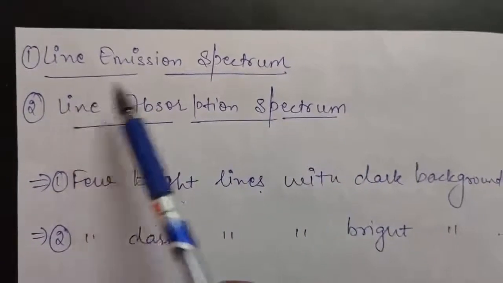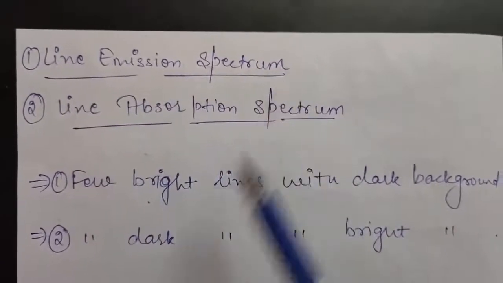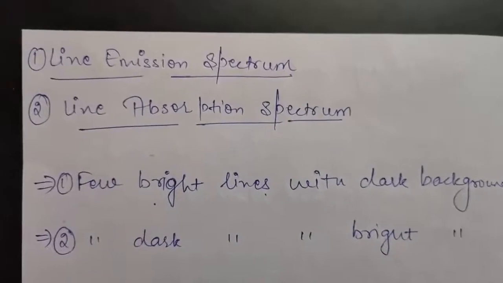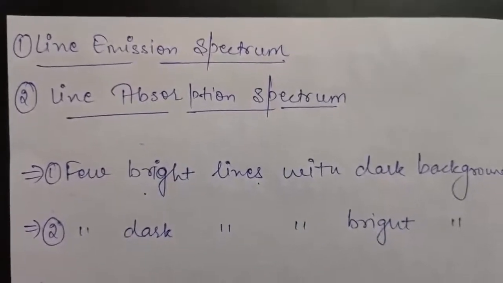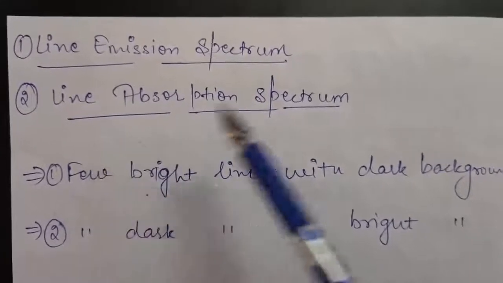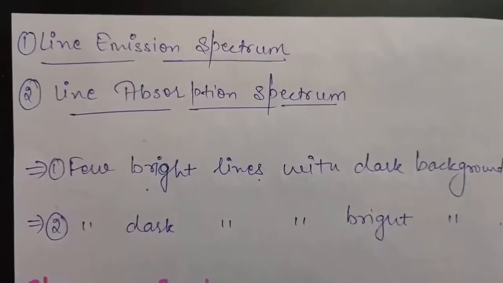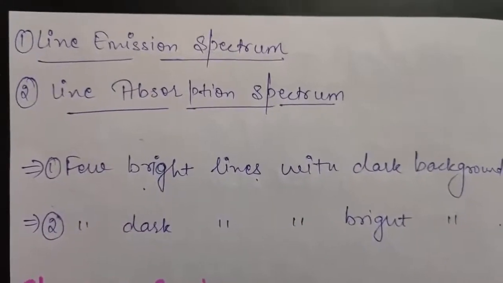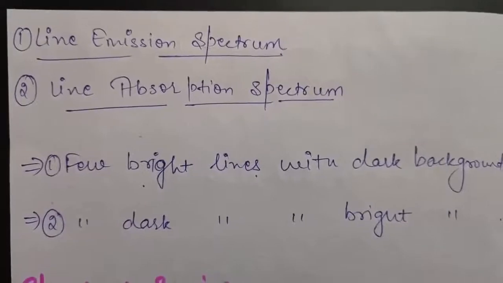Obviously, line emission spectrum will denote the frequencies, or you can say the wavelengths, of electromagnetic radiations that are emitted, and line absorption spectrum will be showing the frequencies or wavelengths of those electromagnetic radiations which are being absorbed.